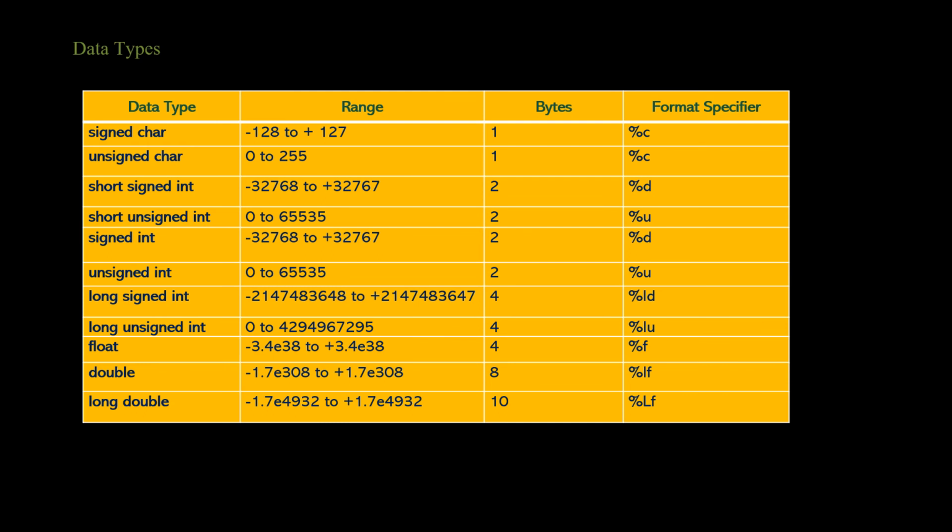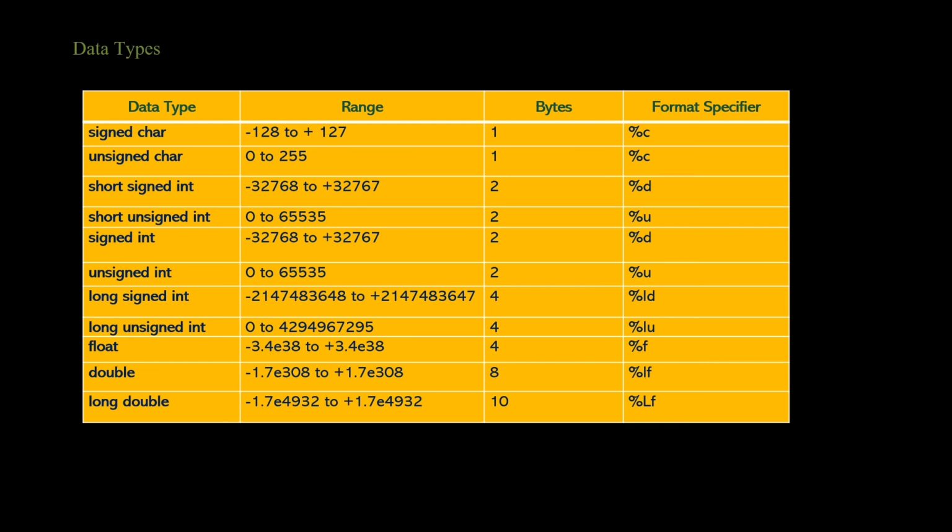Signed int, short signed int, -32768 to +32767, which is 2 bytes and %d. Short unsigned is 0 to 65535, 2 bytes and %u. And signed int and unsigned int have the same range, 2 bytes and %d and %u. And most of the compilers these days have 4 bytes support for int.